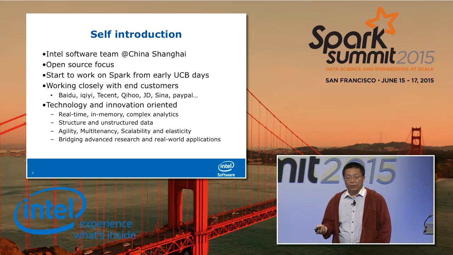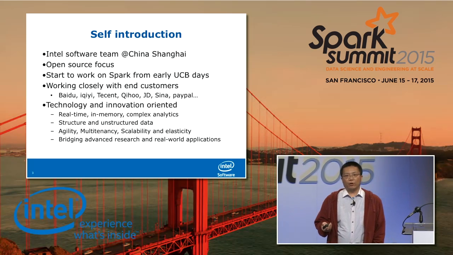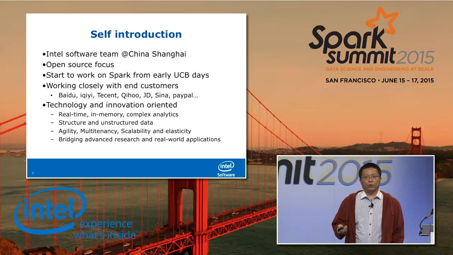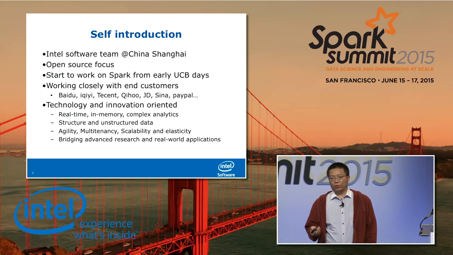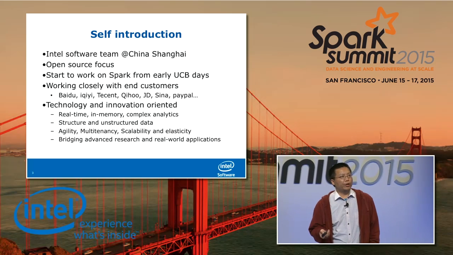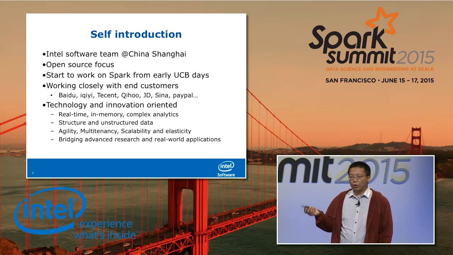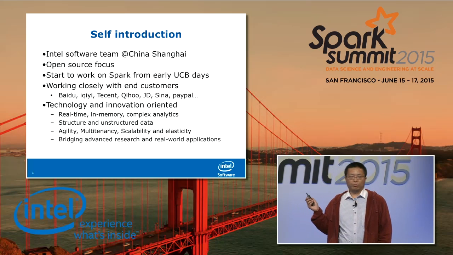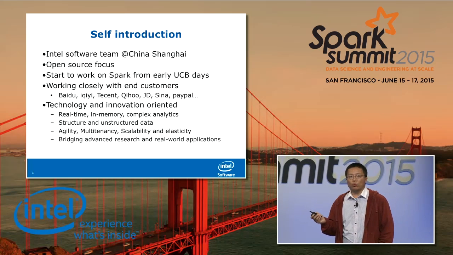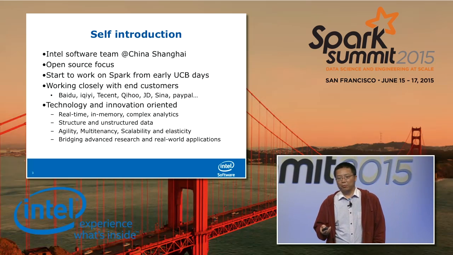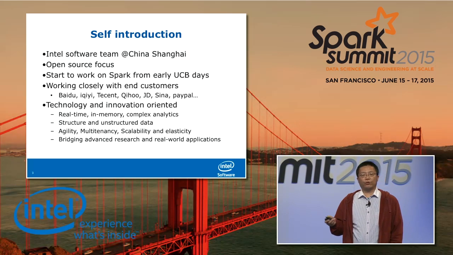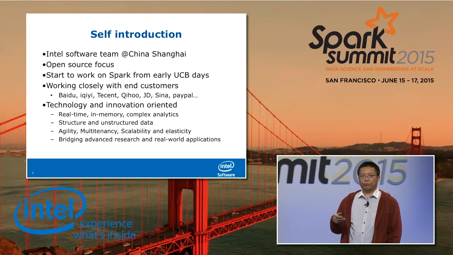China internet companies were very aggressive to use Spark in the early days. So Intel has a very good relationship with them. We're working with a lot of them, including some of them here. Most of the things we're talking about today are stories from working with those customers.